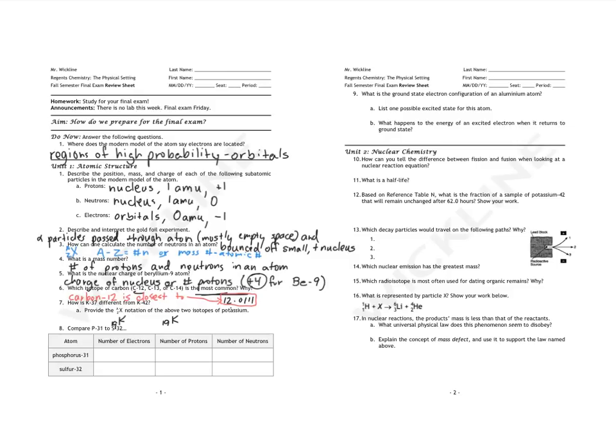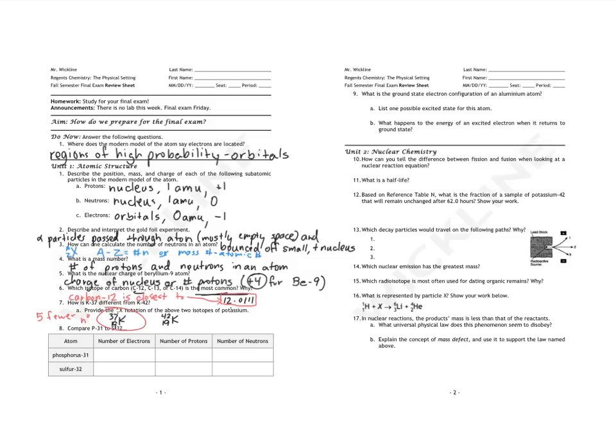So one of them had a mass number of 37, and the other had a mass number of 42. They must have the same number of protons because they're the same element with the same atomic number, but they have different numbers of neutrons, which is giving them different mass numbers. And that is how K-37 is different from K-42. K-37 has 5 fewer neutrons.